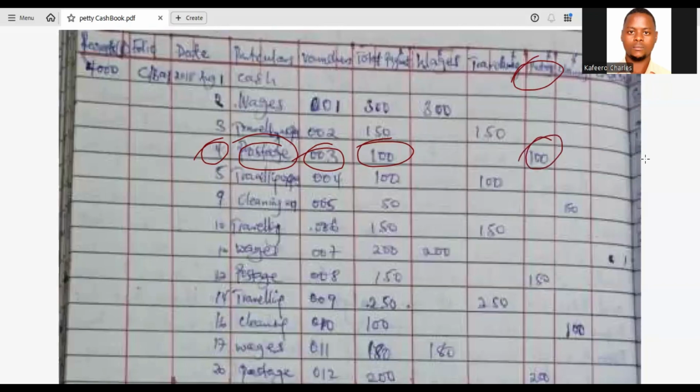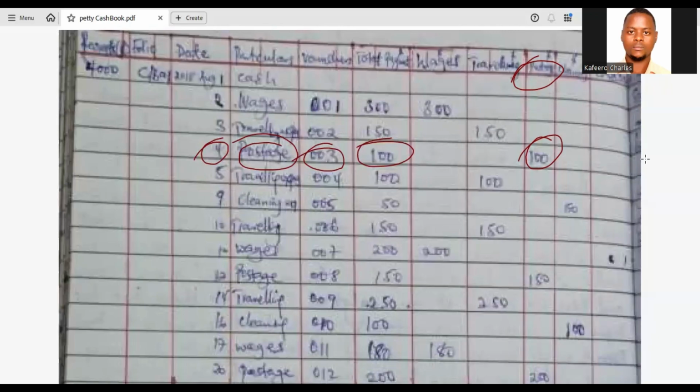So we have recorded the total amount as $100, voucher number 3. The postage cannot be under wages or traveling expenses, so we created another category for postage, and that's where we put the same $100 in the postage column on the same line.